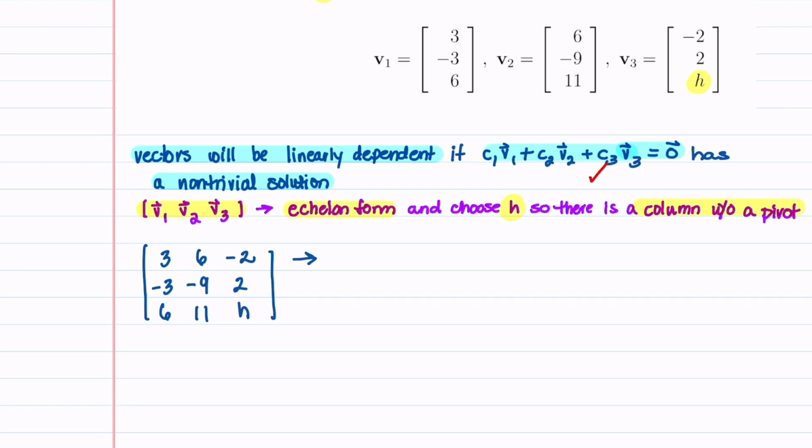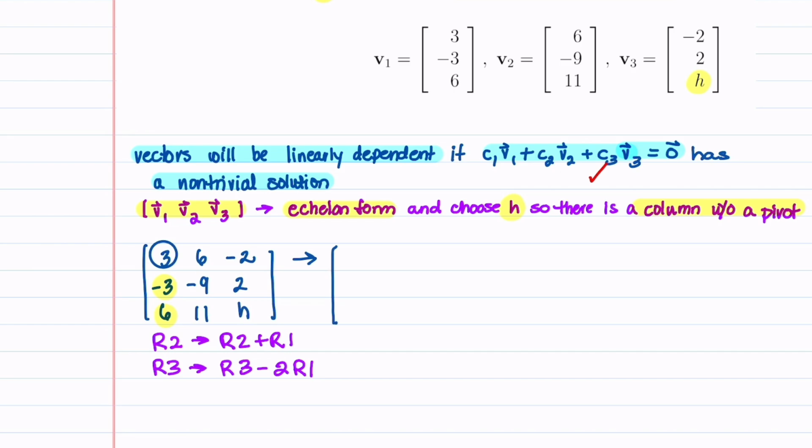I'm going to start by circling our pivot, and then I'm going to highlight the two entries that have to go to 0. The row operation that we're going to use is row 2 goes to row 2 plus row 1, and then row 3 goes to row 3 minus 2 times row 1.